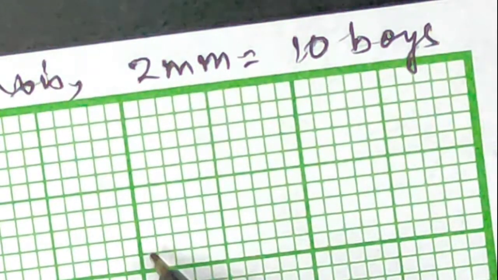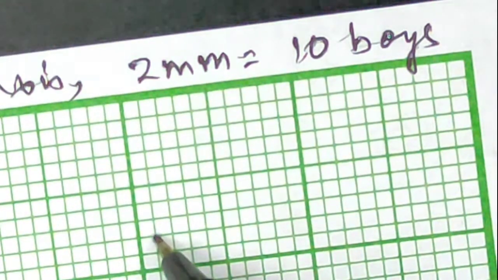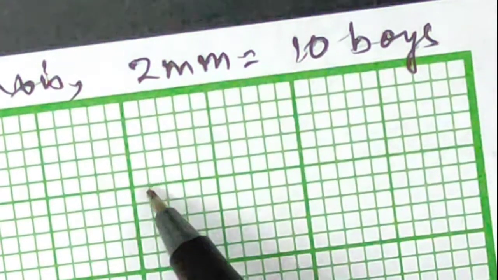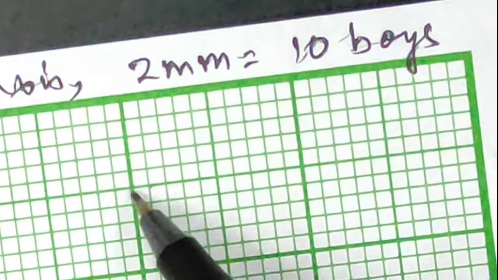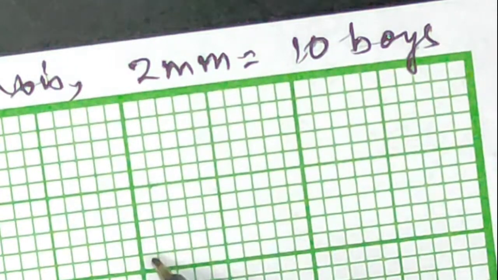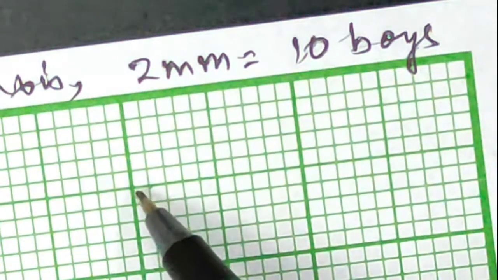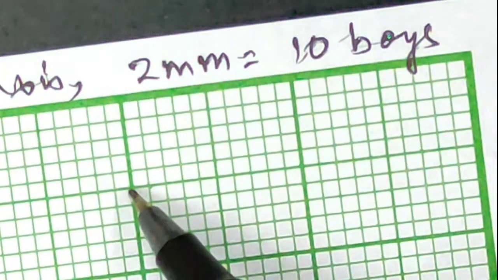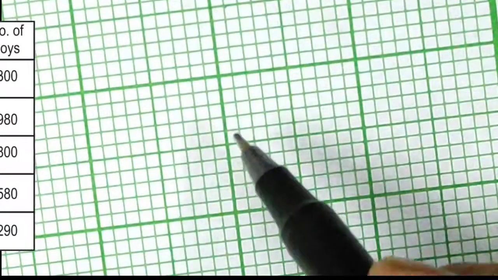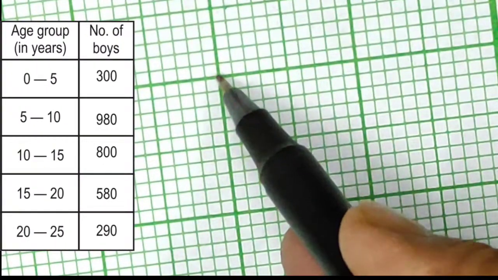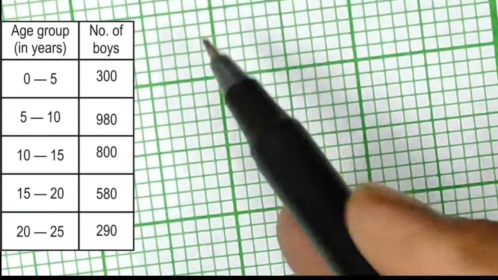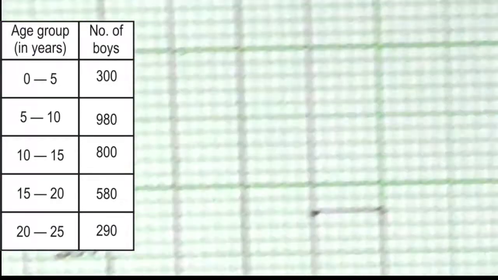So every 5 such divisions will measure 50 boys. If you start from here, this will be 50, 100, 150, like this. I am showing you how I have written.